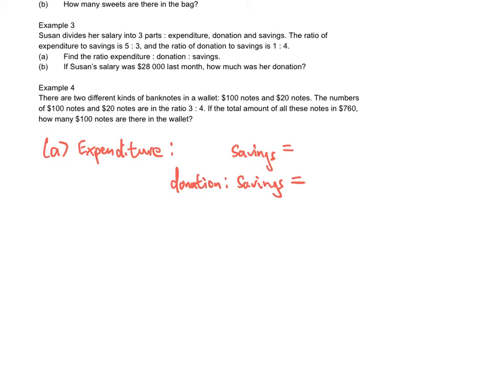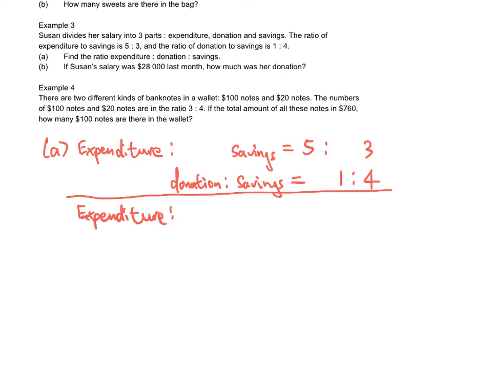Remember, we have to put the numbers in the correct column. You can't just put them freely. That's the rule here. 5 to 3. And then donation to saving is 1 to 4. And that's it. So the final answer would be expenditure to donation to savings.